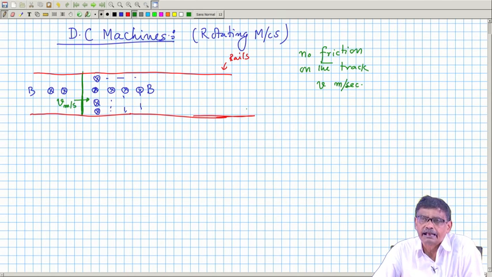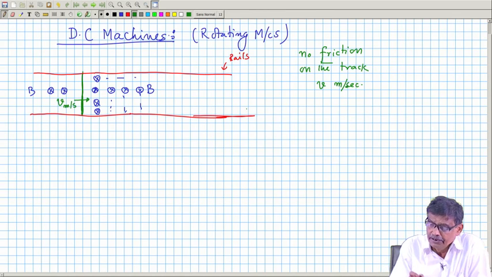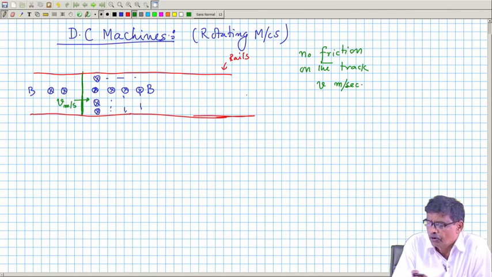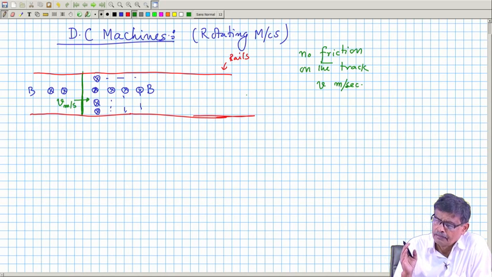If no force is acting on any body, then either it is at rest or it is moving at a constant velocity. That is what we know. So, to move the conductor at a constant velocity v meter per second, I do not require any external force to be acting. It will go on moving under these assumptions. Okay, that is fine.